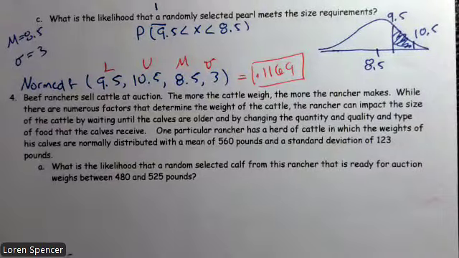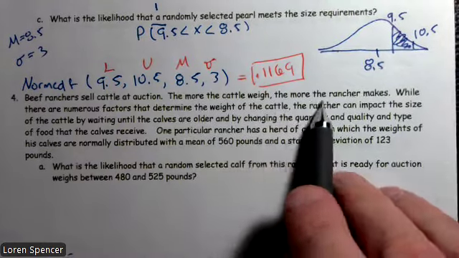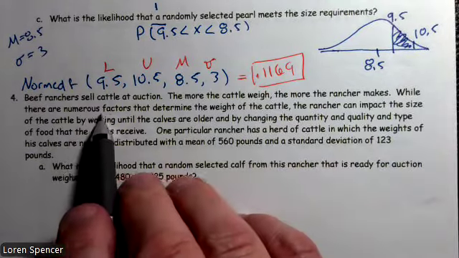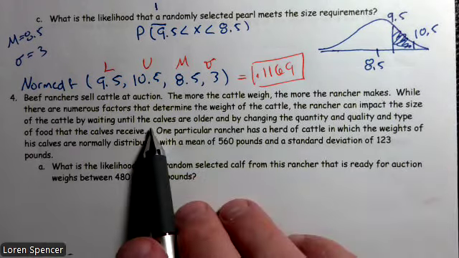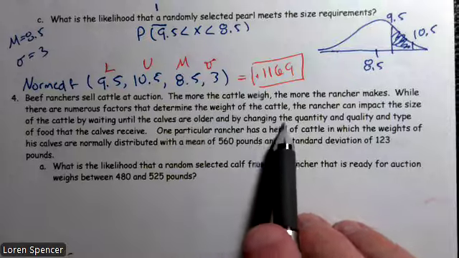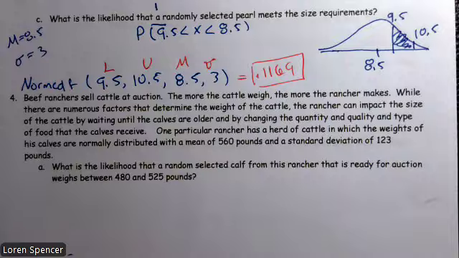All right, next one. Beef ranchers. Beef ranchers sell cattle at auction. The more cattle weigh, the more the rancher makes. While there are numerous factors that determine the weight of cattle, the rancher can impact the size by waiting until the calves are older and by changing the quantity, quality, and type of food that the calves receive.